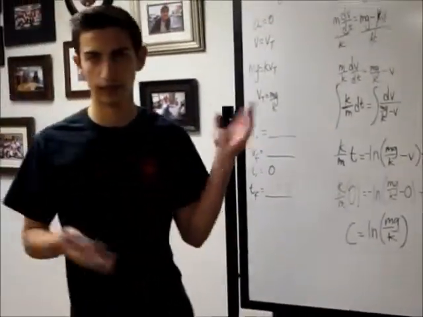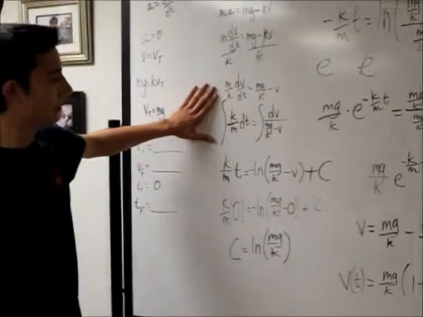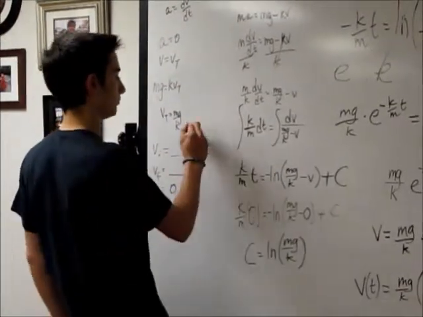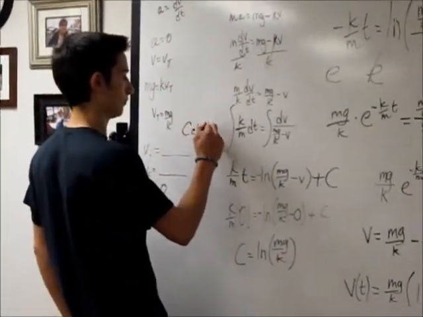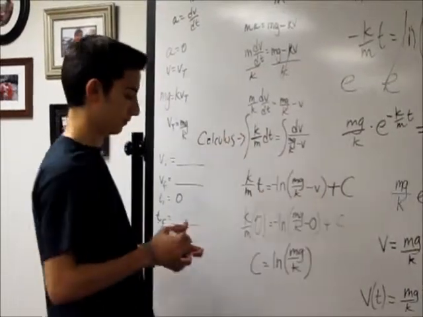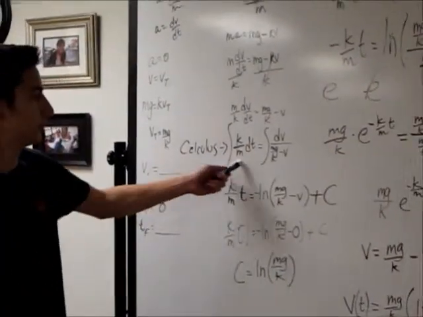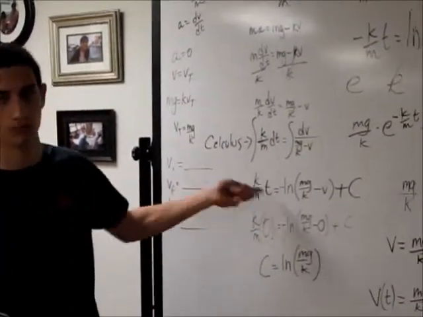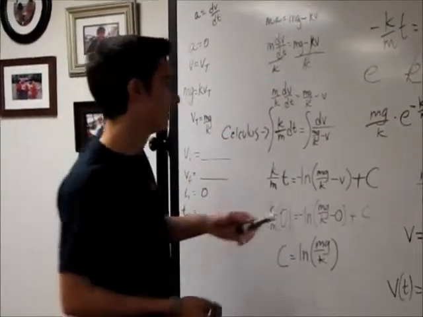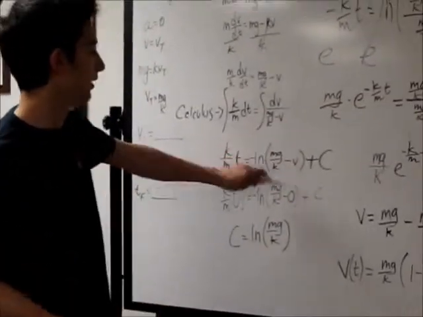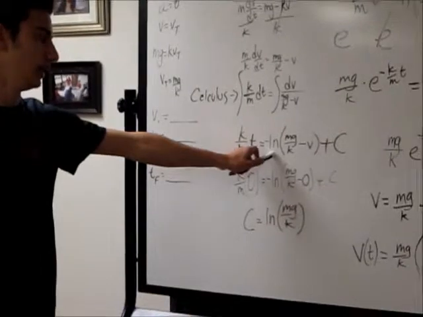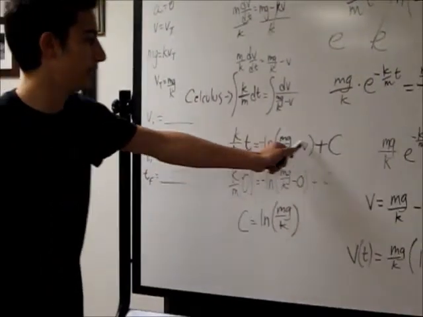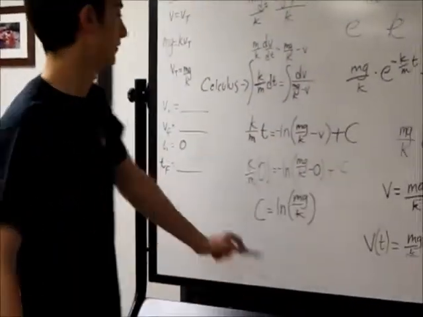That's, again, algebra. Calculus now. The integrating part. So this goes to k over m t, right? dt just goes to t, right? And here, it goes to ln of mg over k minus v, plus a constant, obviously.